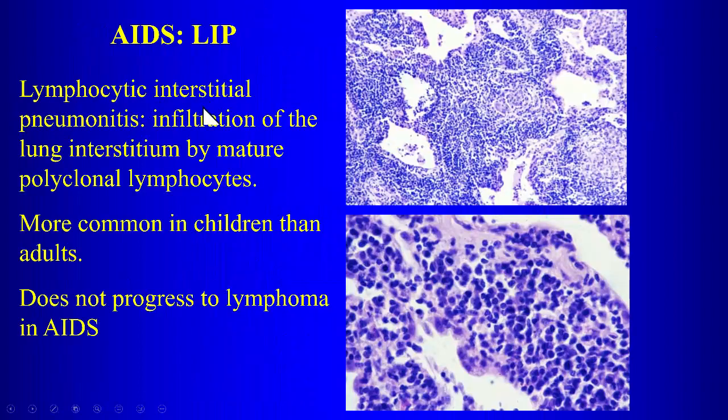So LIP is when you get infiltration of the interstitium by mature polyclonal lymphocytes, more common in children than adults. It tends not to progress to lymphoma. So you have polyclonal lymphocytes here in the interstitium as opposed to monoclonal lymphocytes, which is what you see with lymphoma. Again, note the radiologic pathologic correlation.